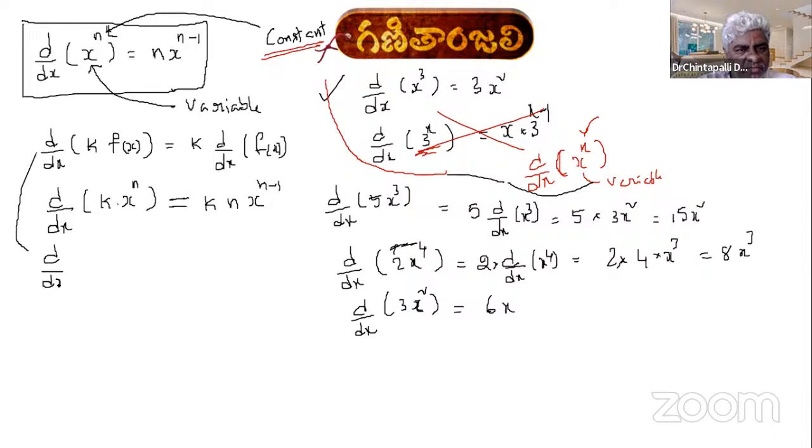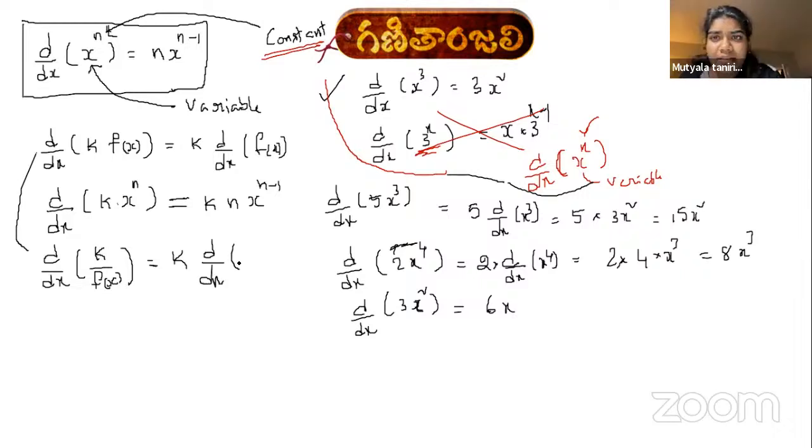Derivative of k by f of x is equal to k times d by dx of 1 by f of x.